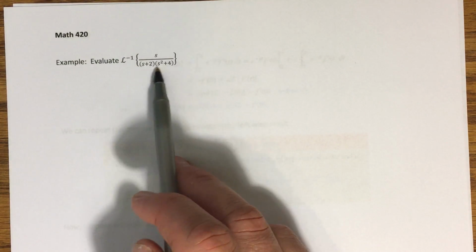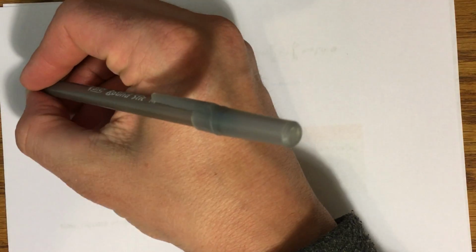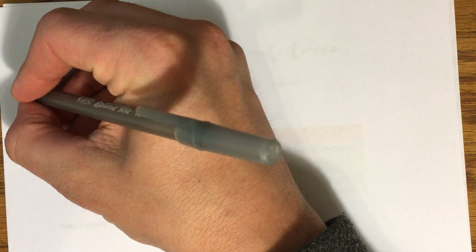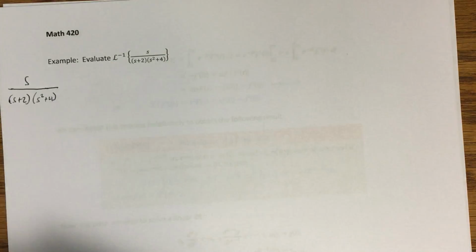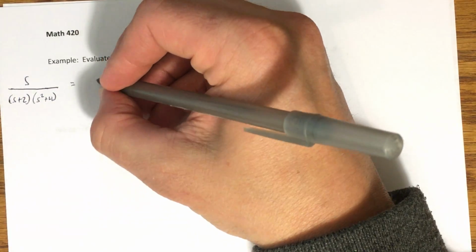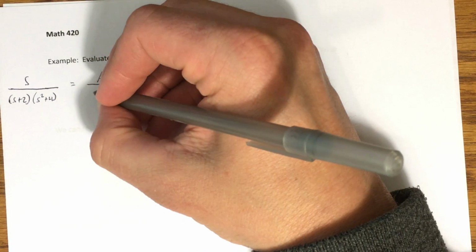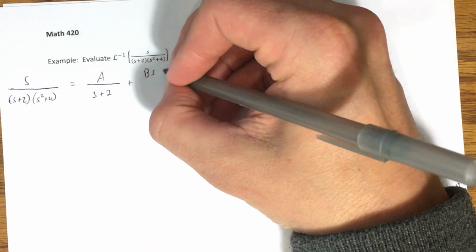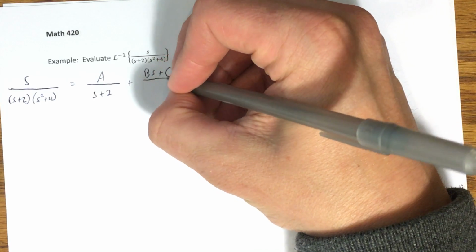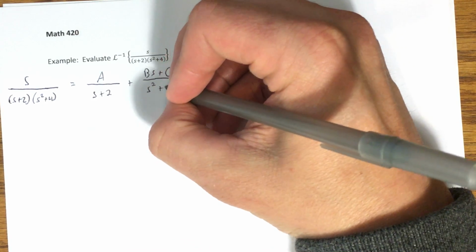So what I want to do here is take the expression that I'm trying to take my inverse Laplace transform of, s over (s plus 2)(s squared plus 4), and write it using its partial fraction decomposition: A over s plus 2, plus Bs plus C over s squared plus 4.